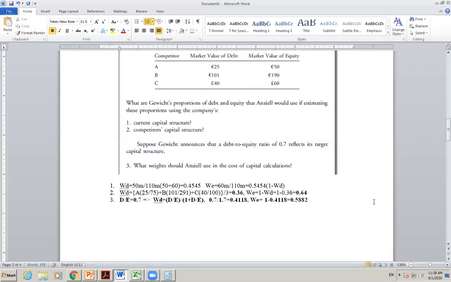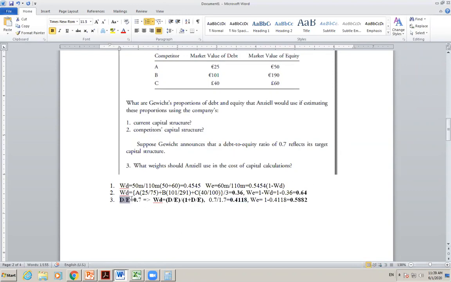Okay. This is how we calculate. Okay, these are the 3 ways of calculating the proportions, okay? So whatever is given, you will go with it. If the first is given, you go with the first. If I ask you to go with the third, you would go with the third one.